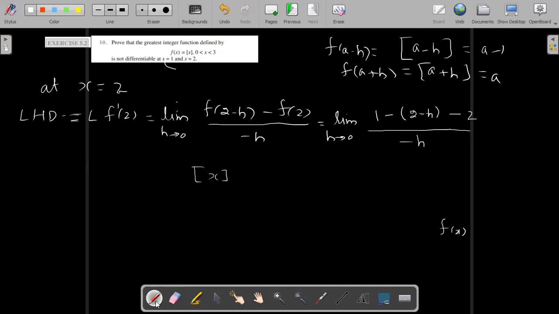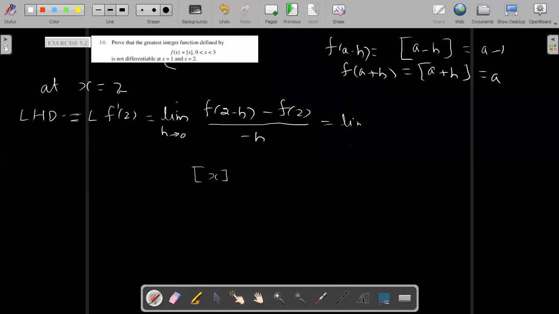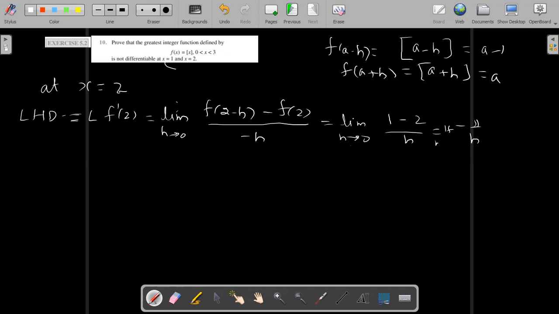But we have to use the definition in terms of h. H tending to 0, the value of 1 minus h is 1, as I told you, so 1 minus 2 upon h. This will be equal to minus 1 by h with limit h tending to 0. When you put h equal to 0, this becomes minus 1 by 0, that is infinity.